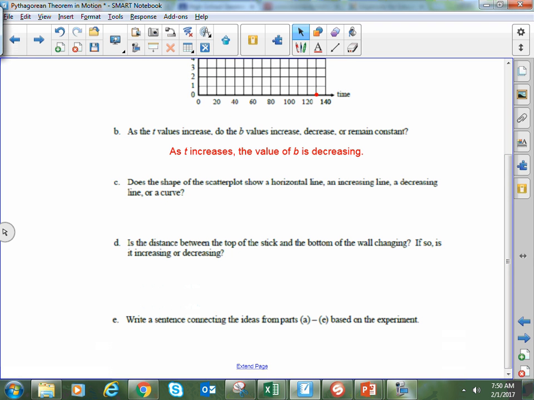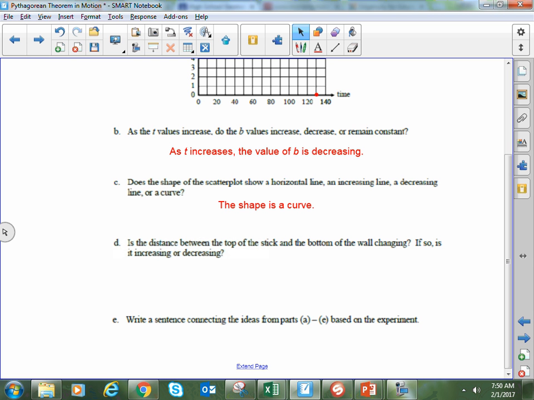Well, B is decreasing as time is increasing, and it's not giving me a line at all. It's not horizontal. It's not increasing. It's not decreasing. In this case, it's curved. So that is going to be a clue that, because it's curved, the rate of change is not going to be constant throughout like it was in the previous two figures that we looked at.